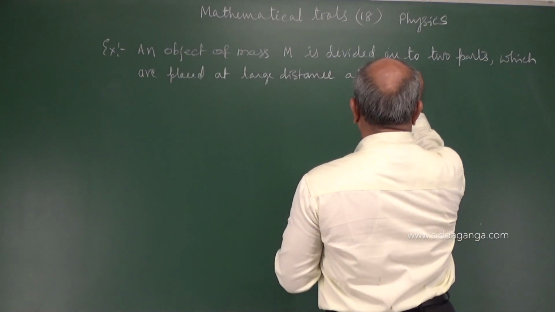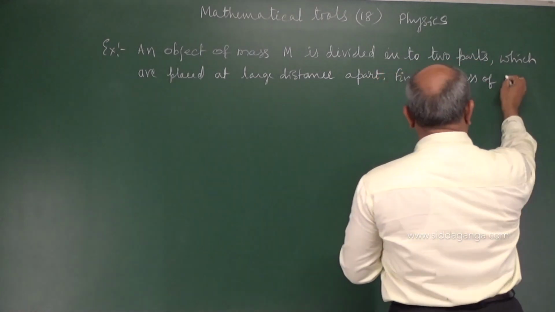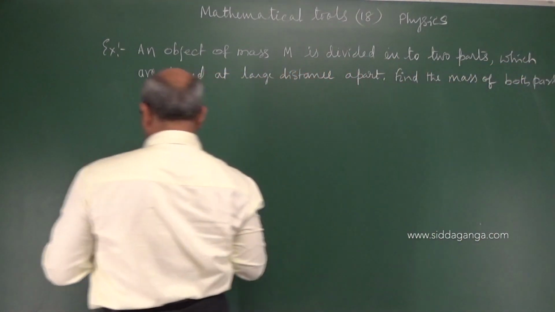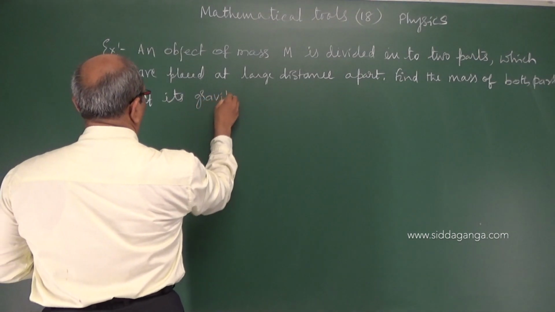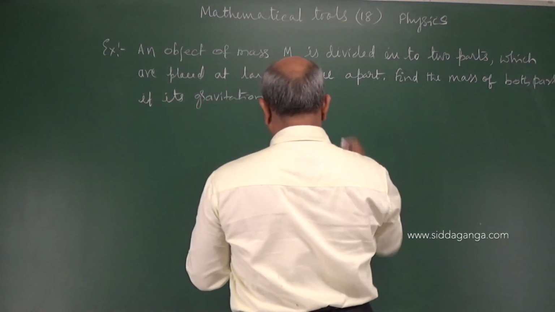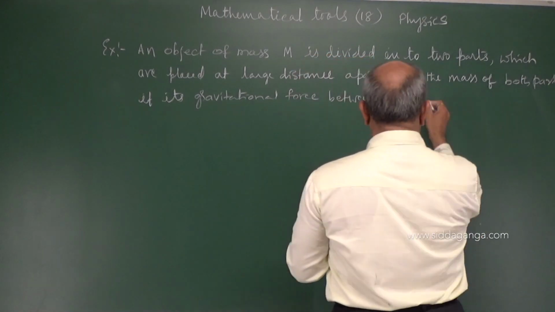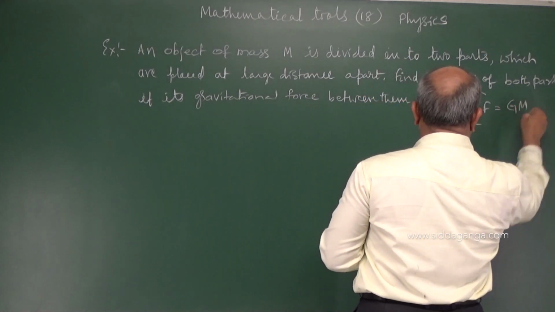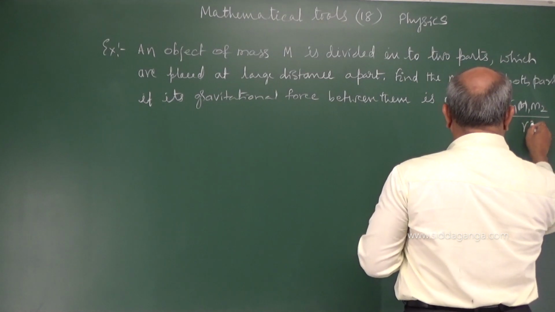Find the mass of both parts if the gravitational force between them is maximum, and for that gravitational force the relation they gave is m1 m2 by r square.